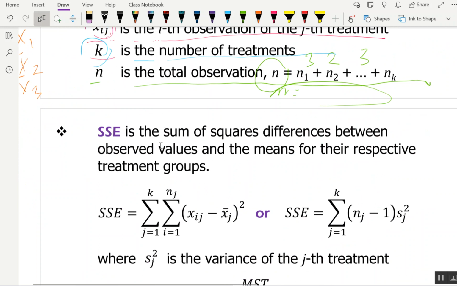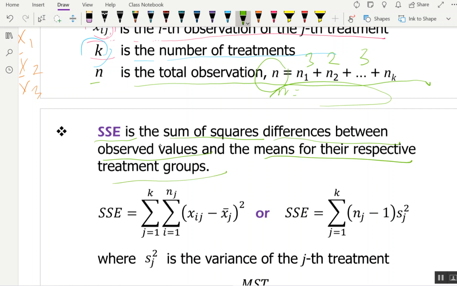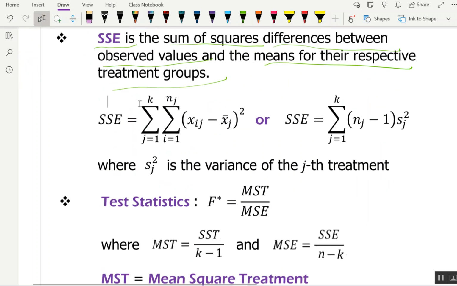Alright, now what we just covered is the first variation that we are measuring. The second one is SSE, the sum of squares that measures the differences between the observed values and the means of their respective treatment groups. So this is within the treatment groups. For SSE, we can see the formula here, where k is the number of treatment groups and nj is the sample size of that particular group.